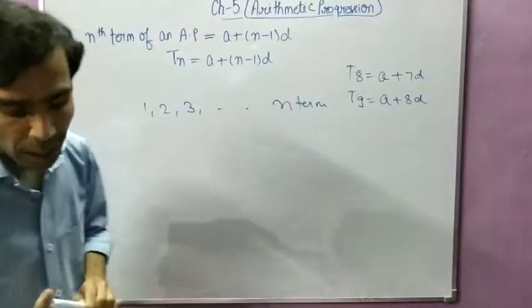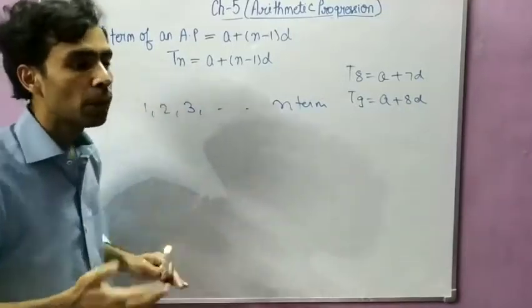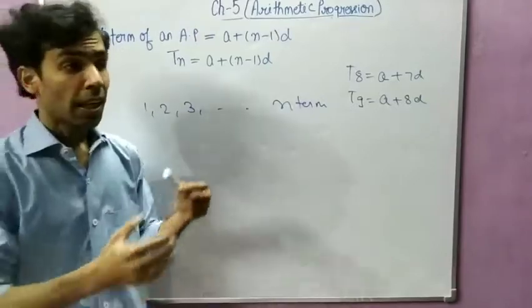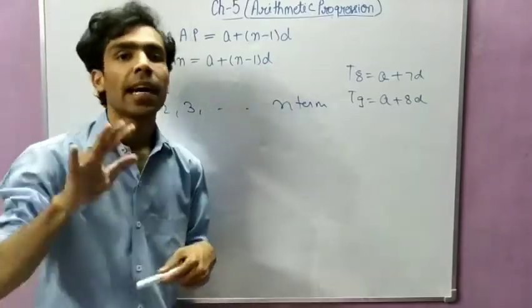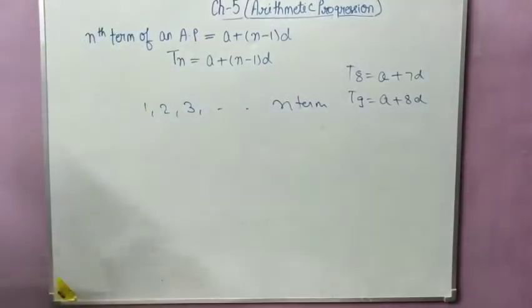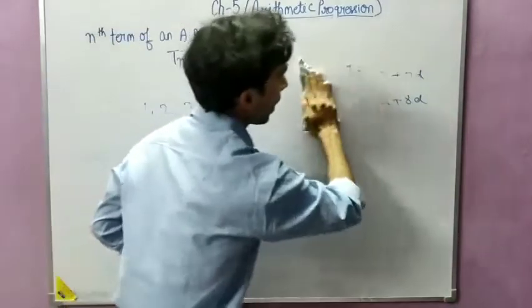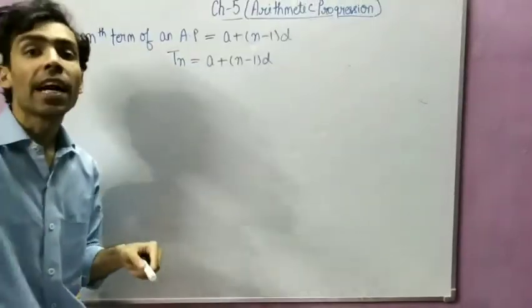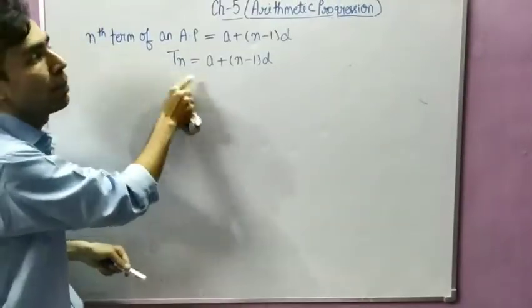So we are talking about a finite number of terms in an AP, and we will assume that our AP has n terms. Okay students, if an AP has n terms, what will be the value of the nth term? That can be calculated by this formula.